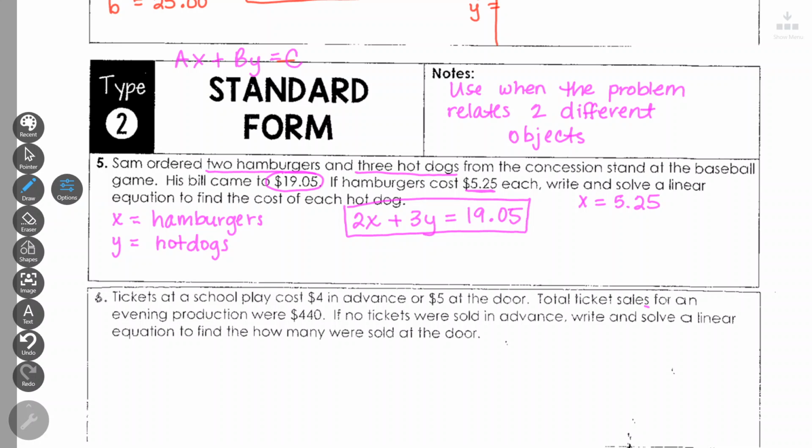We're using the same equation: 2 times $5.25, add your 3y to it, equals $19.05. Now we're going to go ahead and solve this equation.